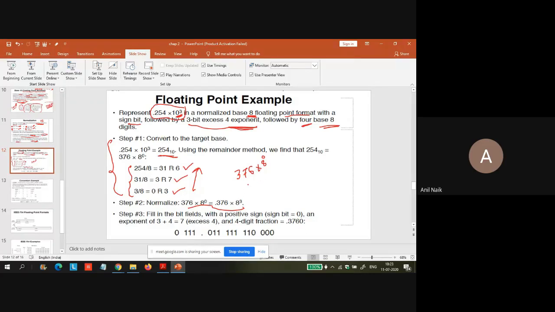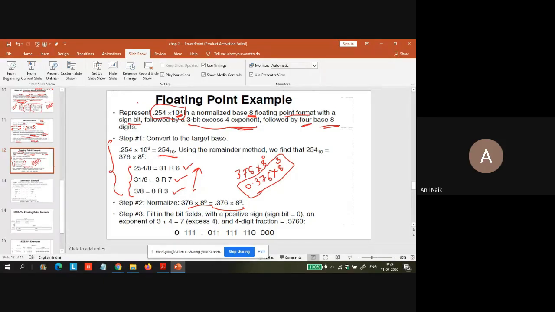Then you need to shift the point, so 8 raised to 3. This is your target: represent 0.254 times 10 raised to 3 in a normalized base 8 floating point format.